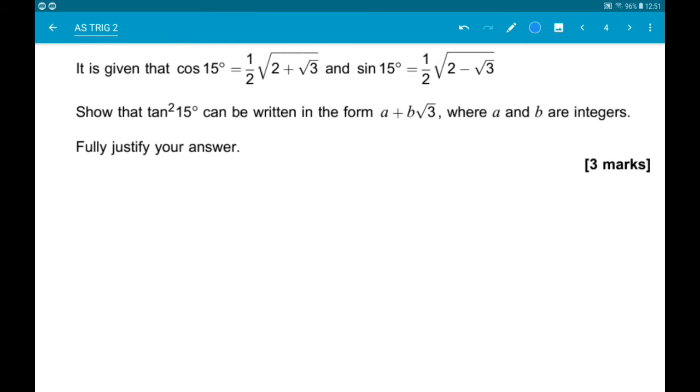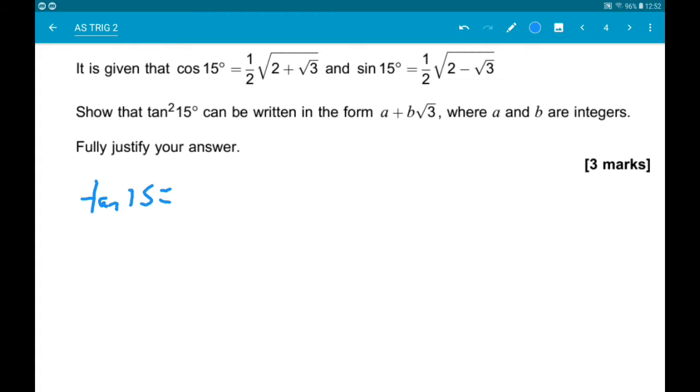Alright, so for this we need to know that tan is sine over cos. So tan of 15 is going to be 1/2 square root of 2 minus root 3 over 1/2 square root of 2 plus root 3. So the halves cancel out.